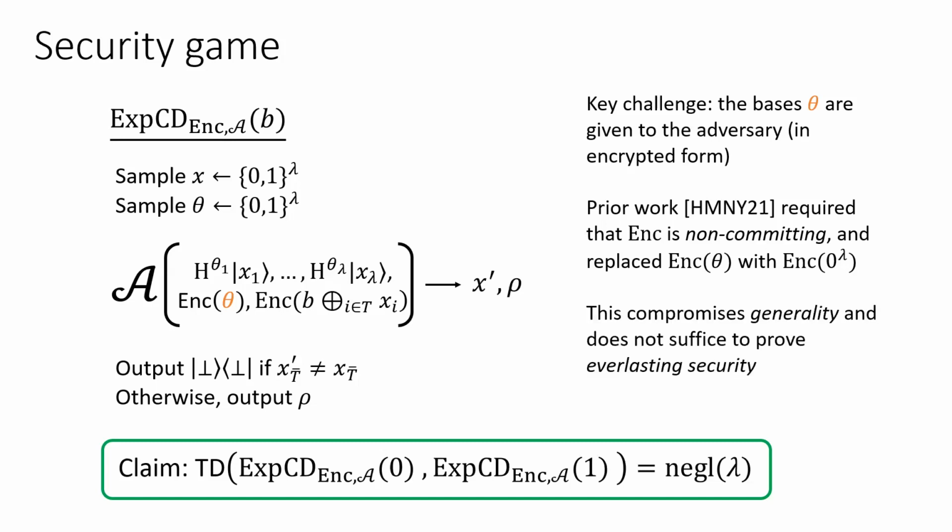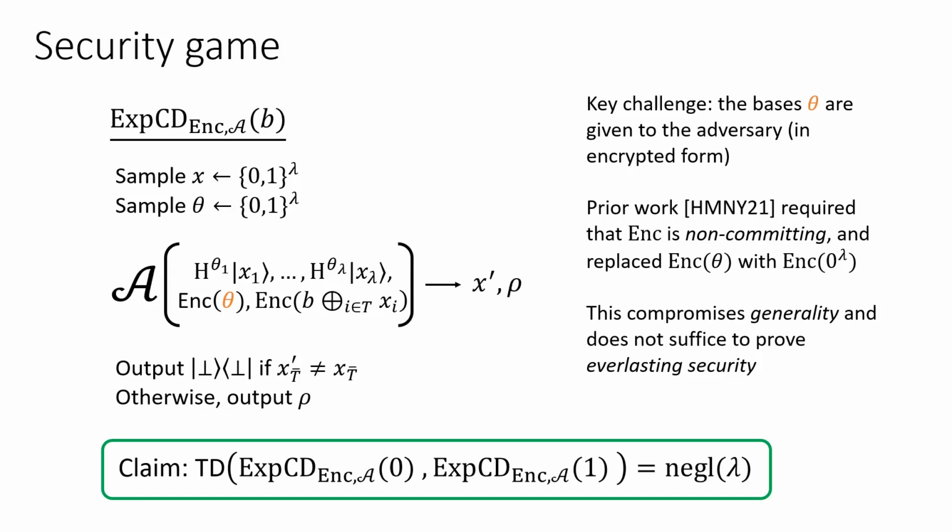But I think that there are a couple of drawbacks of this approach. The first is it compromises generality. Ideally, we would like to just use any semantically secure encryption scheme. We don't want to have to assume it satisfies this extra non-committing property. As a particular example of this, we don't know any FHE schemes that are also non-committing. So if we want to generalize this to more advanced primitives, it would be nice to get rid of this requirement.